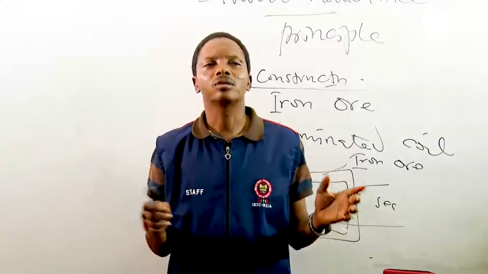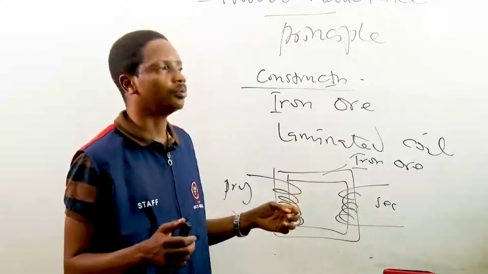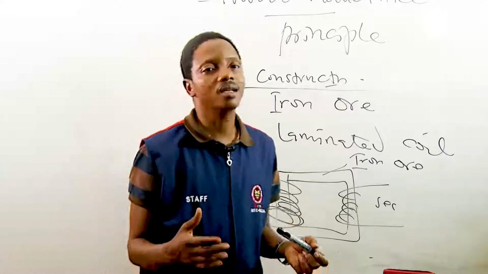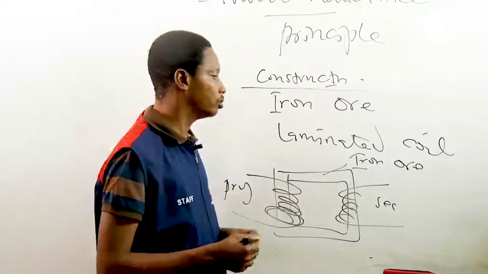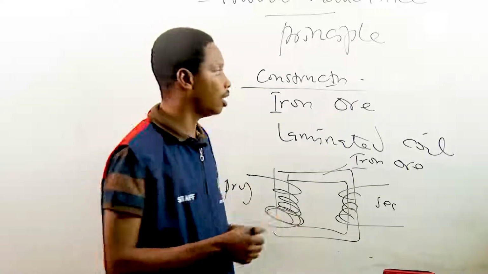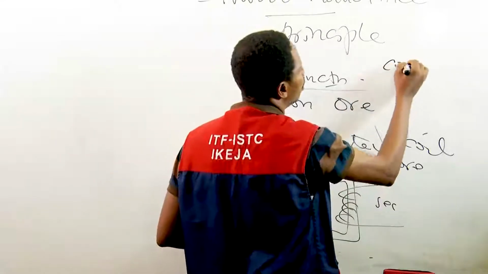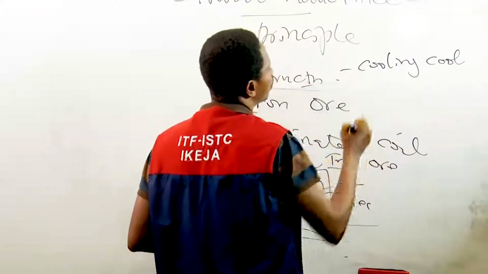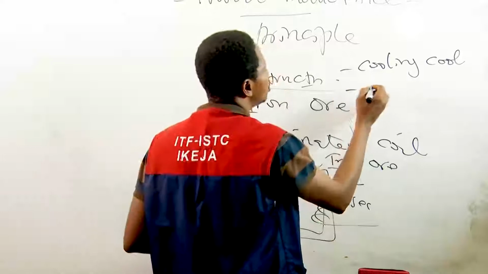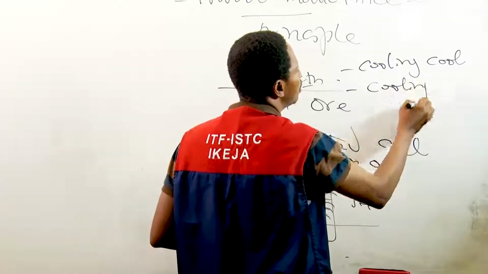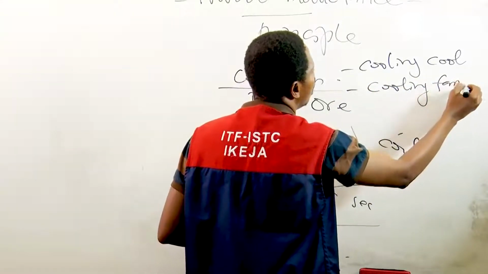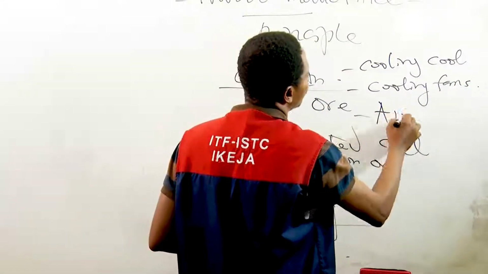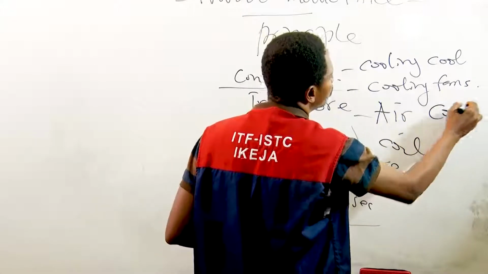Now, from here, the maintenance. When we are talking about high voltage transformer, I'm not talking about electronics transformer, I'm talking about distribution transformer. Maintenance is required. We have cooling oil, and sometimes we have some transformers that are using cooling fans, and we also have some transformers that are air cooled.